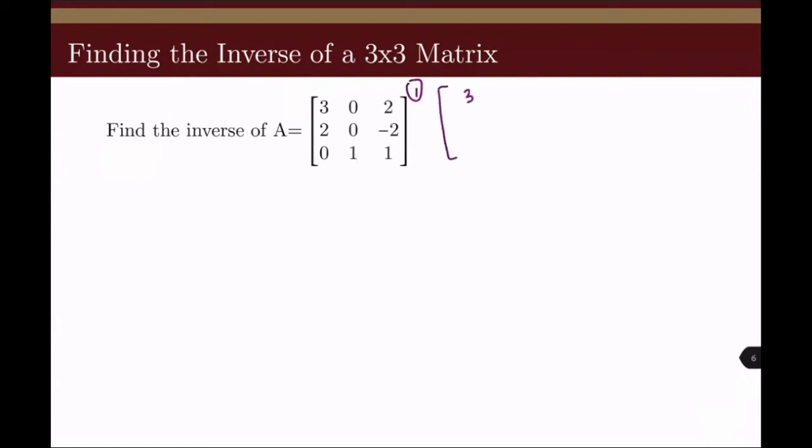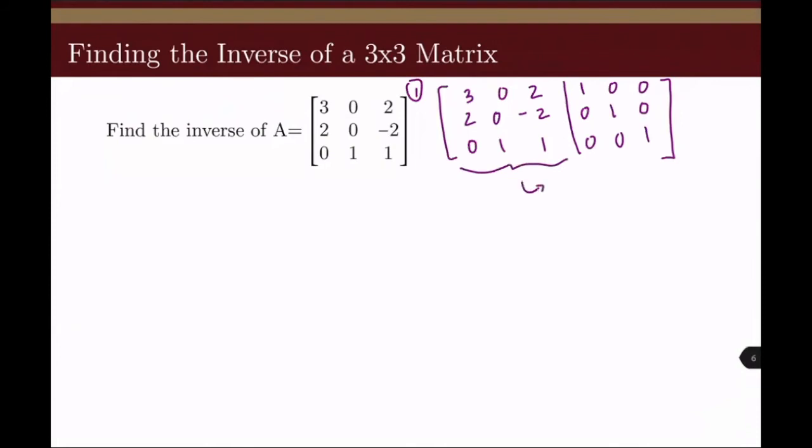So we're going to have 3, 0, 2, 2, 0, negative 2, 0, 1, 1, augmented with our 3 by 3 identity matrix, which is 1, 0, 0, 0, 1, 0, 0, 0, 1. Now your goal is to make the left side be in reduced row echelon form.